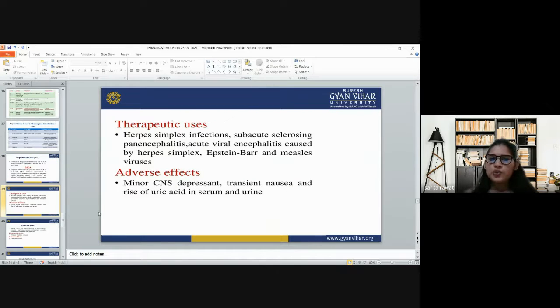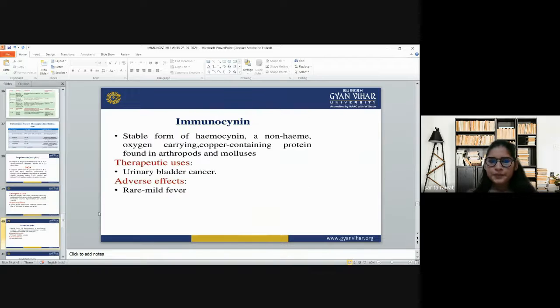Now, the therapeutic use include in herpes simplex infections, subacute sclerosing panencephalitis, acute viral encephalitis caused by the herpes simplex, Epstein-Barr and measles virus. Adverse effect included minor CNS depression, transient nausea, and raise of uric acid in serum and urine.